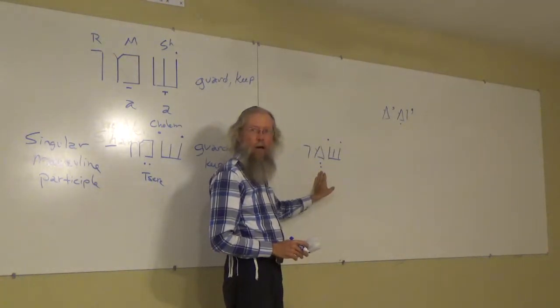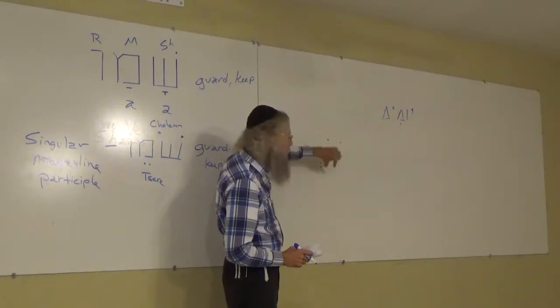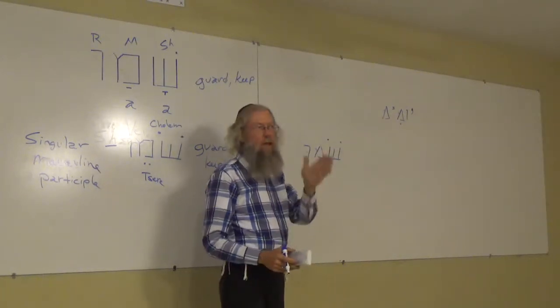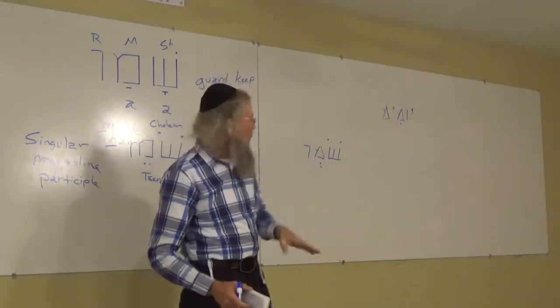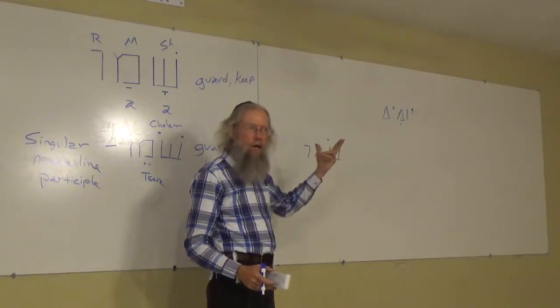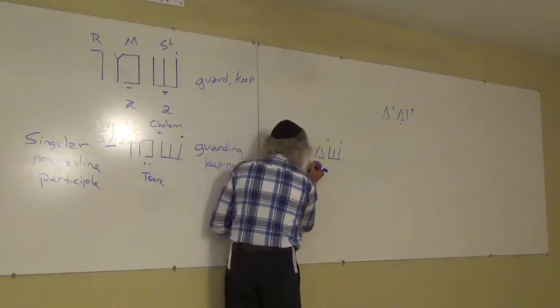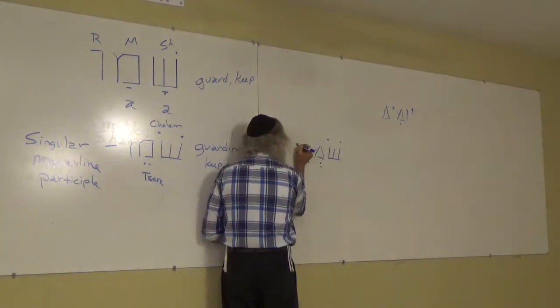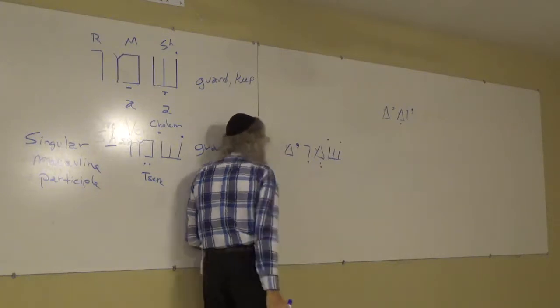So now you have shom. Everybody say shom. That is the shin, the cholem, the mem, the sheva. Shom. Because the sheva says cut it off. There's no vowel sound. You're going to go from consonant sound to consonant sound. Shomr, very good. So I put this here, I put this here, and I put the final mem.